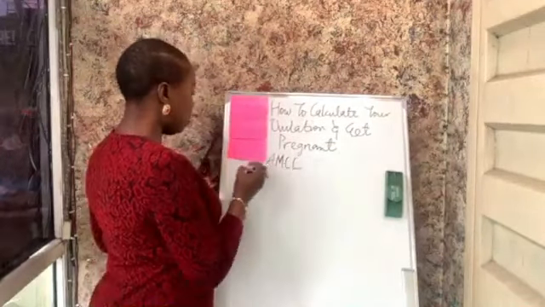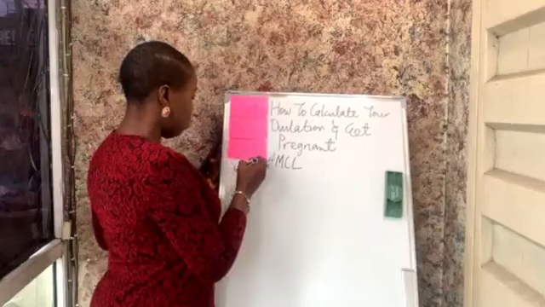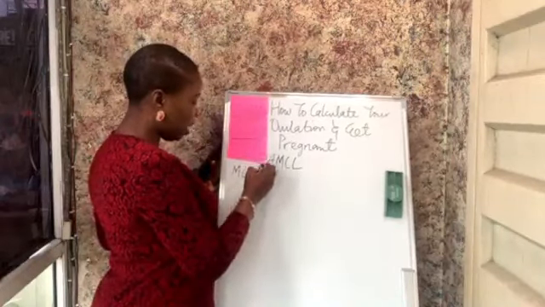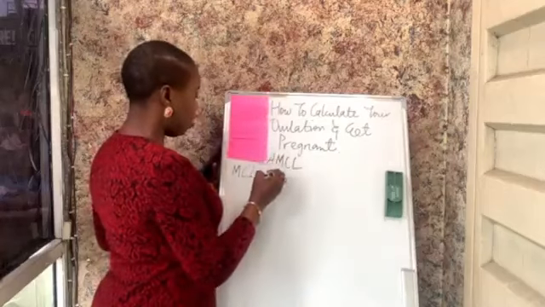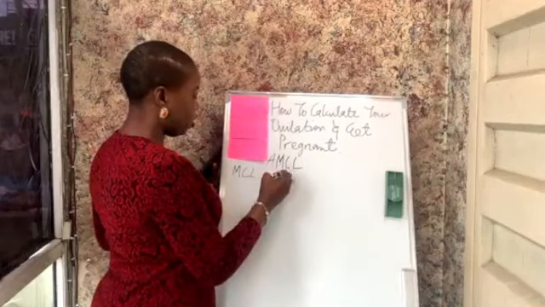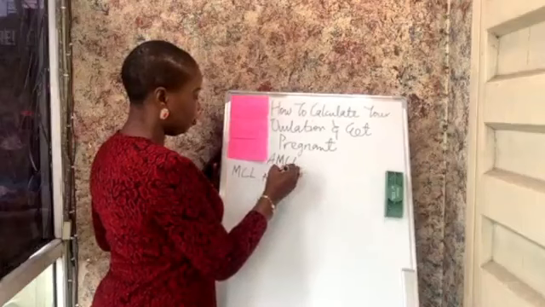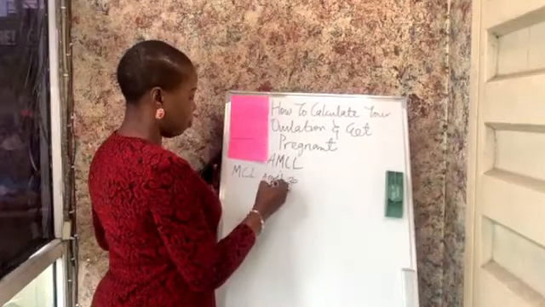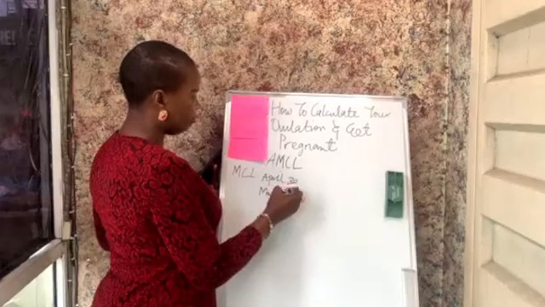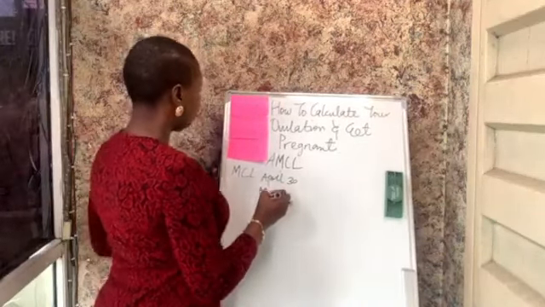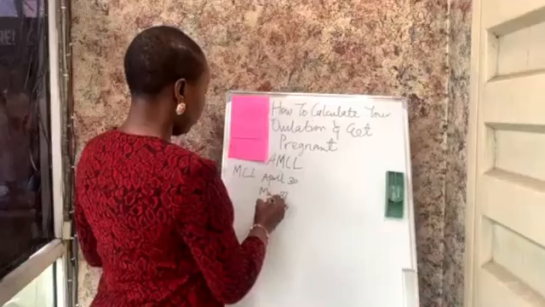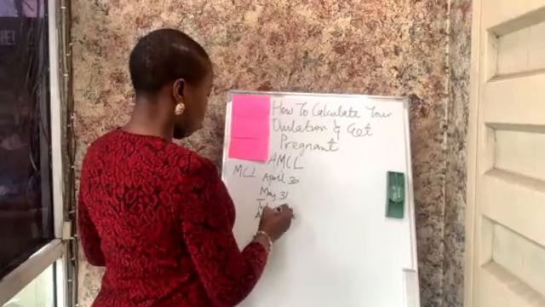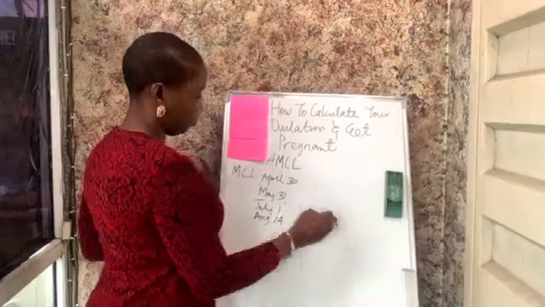Firstly, we're going to look at menstrual cycle length, using April 30th, May 31st, July 1st, and then August 14th.